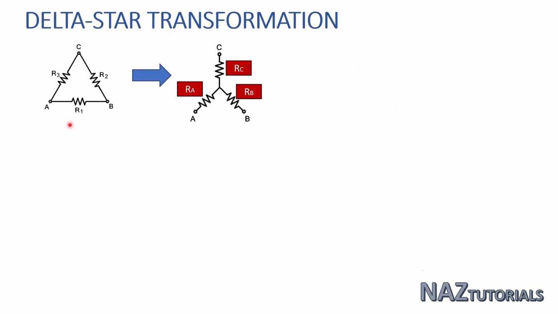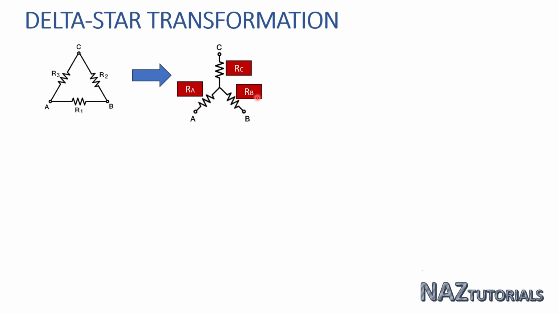Let's derive the formulas for the delta to star resistances. Here points A, B and C are making the delta, and these are the star making points. The resistances for the delta circuit are R1, R2 and R3, and for the transformed star circuit are RA, RB and RC.